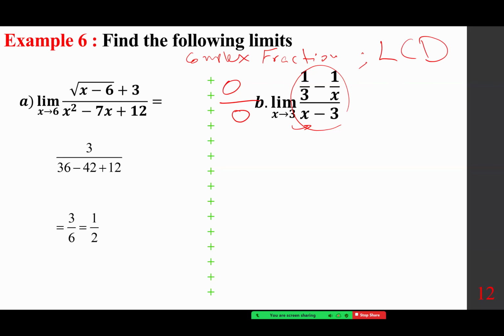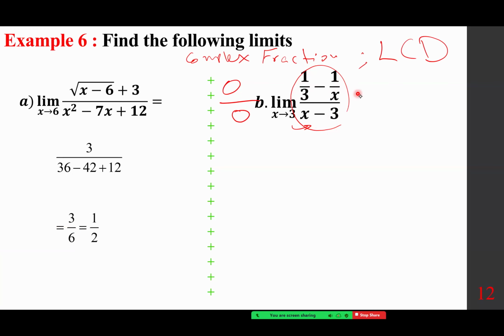So the technique is LCD, the least common denominator. You notice the numerator has 2 fractions. The denominator doesn't have any.